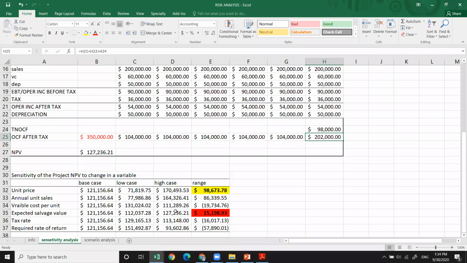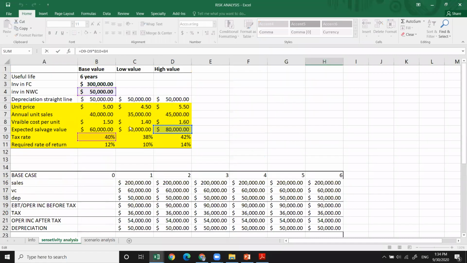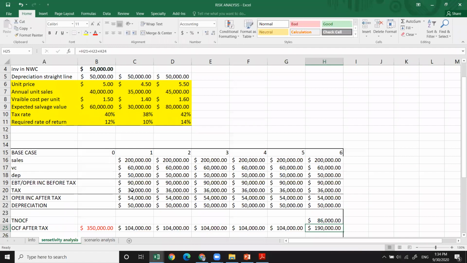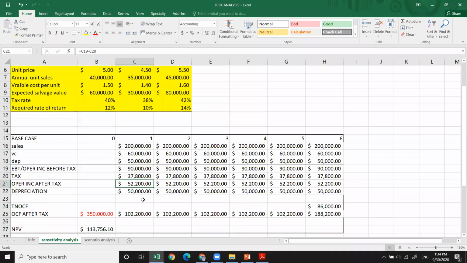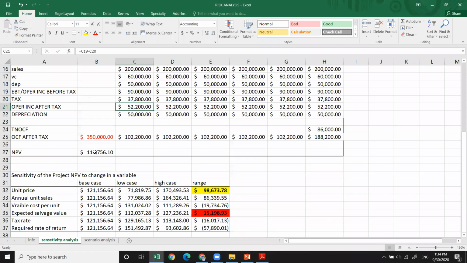What if the tax rate changes, but we need to bring everything back? What if the tax rate changes? We will change the tax rate, make it 42%, so increase the tax rate. So as you can see, your NPV reduced from the base level.